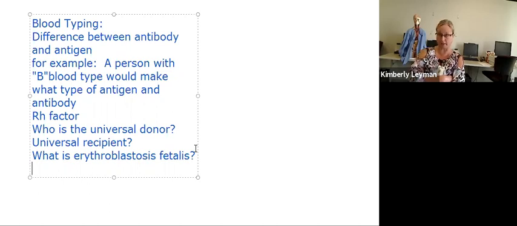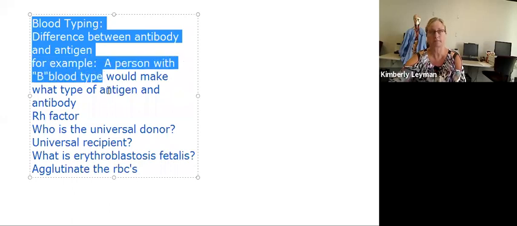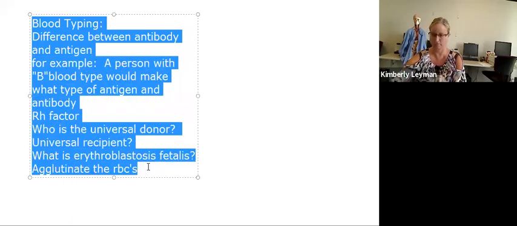So if she has another baby that's Rh positive, mom's antibodies will be like, whoa, what's this invader here? And it will agglutinate the RBCs, meaning it'll clump them up. And that's obviously not good in a person's bloodstream. So go back and look at that and read through that.